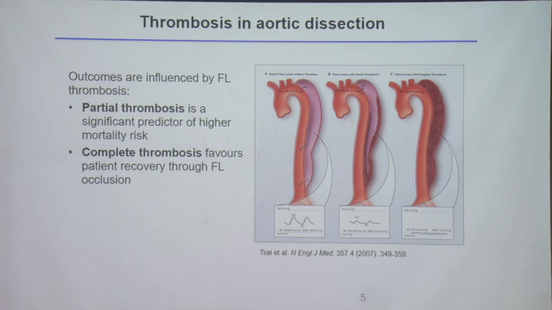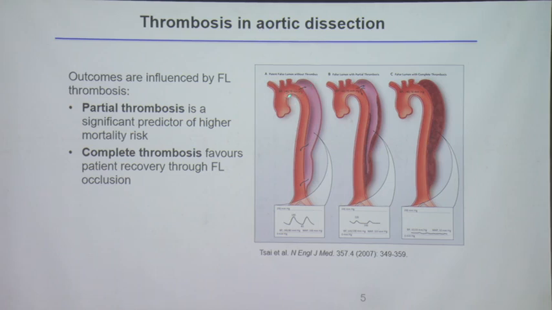Here we have another diagram, a figure taken from a paper published in the New England Journal of Medicine, a prominent journal in the field of medicine. It illustrates aortic dissection very well. Here you have the main aorta, and I mentioned yesterday that aortic dissection starts with a tear in the inner layer of the aortic wall.